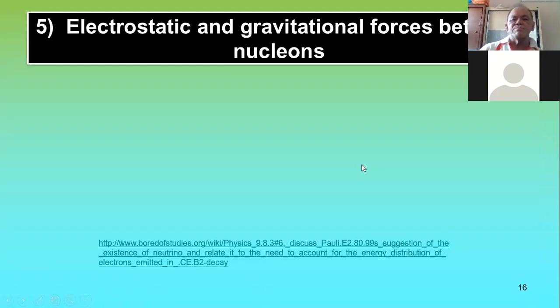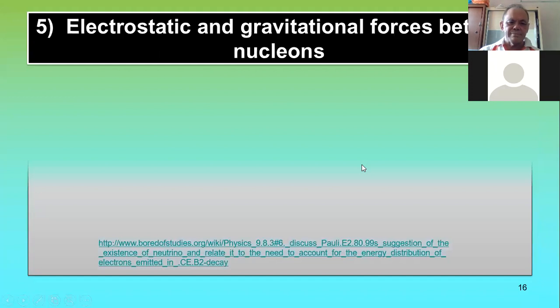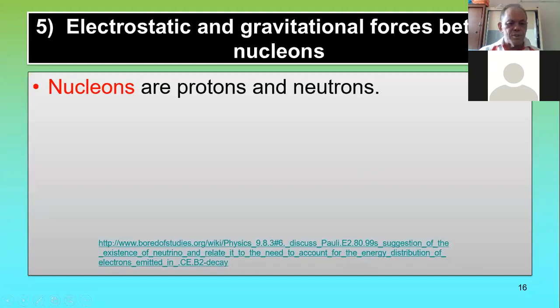Electrostatic and gravitational force between nucleons. Right? Nucleons are proton and neutron. So in the nucleus, you have protons and neutrons.